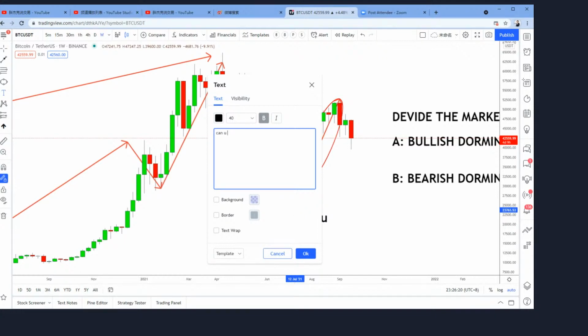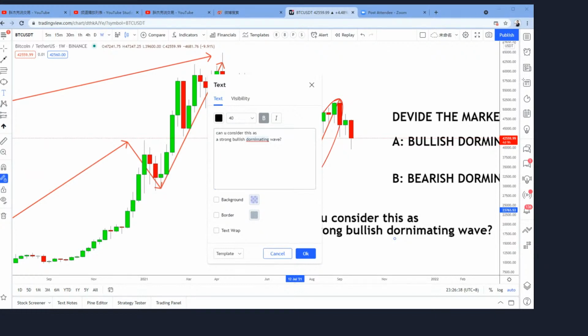Can you consider this as a strong bullish dominating wave? By dominating, I mean that it is really, really strong. It is so strong that nobody can say no.